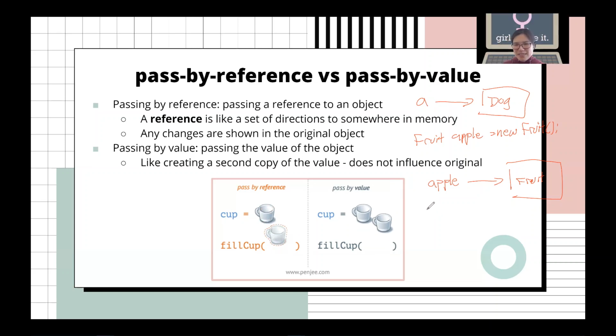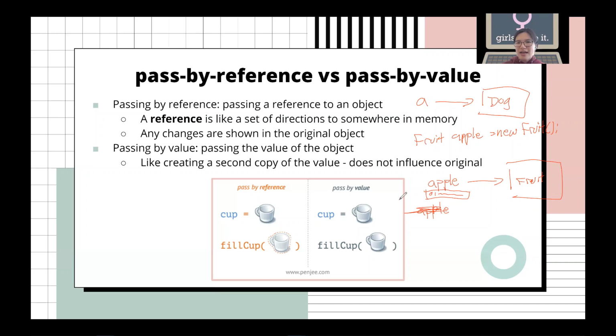That's correct. So basically, just like you said, references point to a different part of memory. Technically their value would be whatever memory address that Fruit is at, but you can basically think of it as apple pointing to the Fruit object.